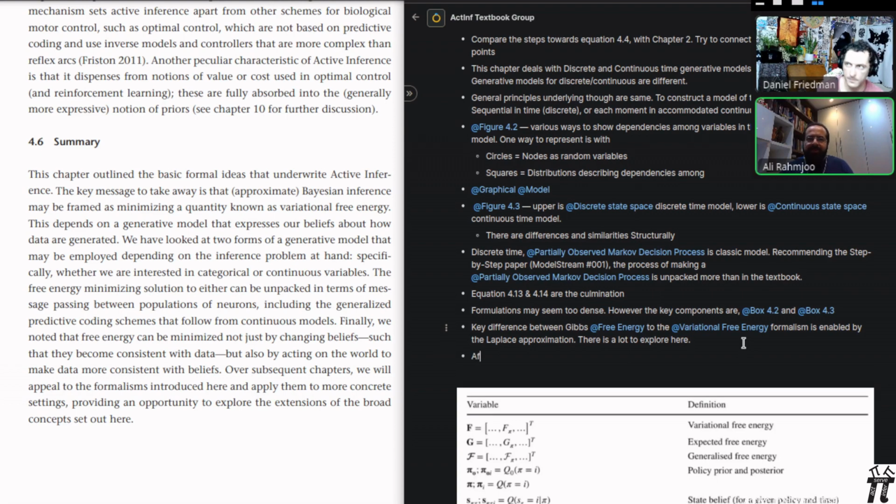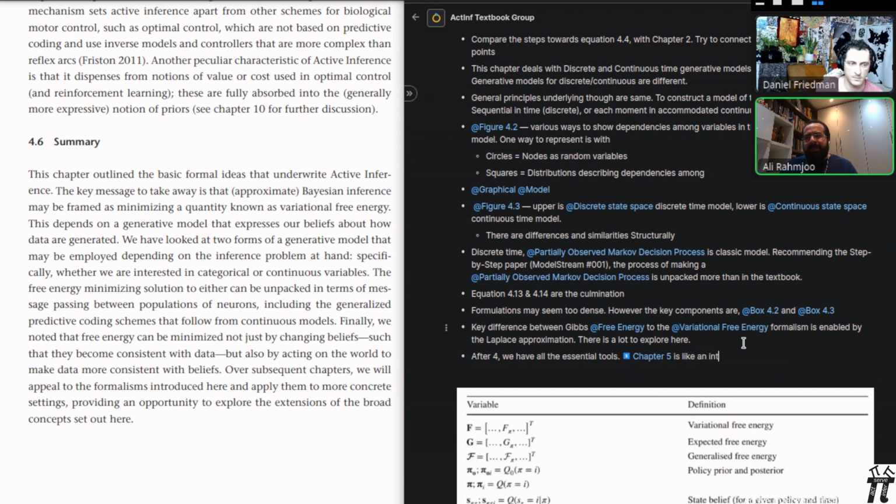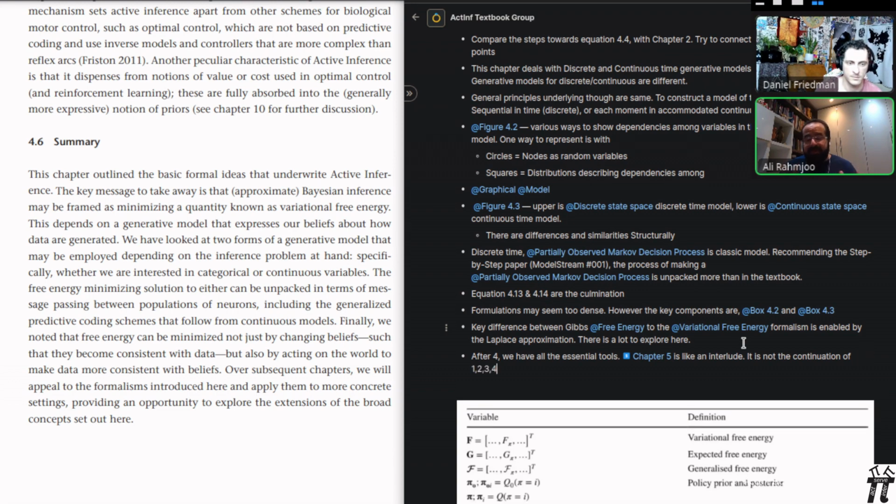And the next chapter, chapter 5, kind of acts like an interlude. And I don't think it's a direct continuation of chapters 1 through 4. So I believe the first part of the book, conceptually and mathematically, ends here.